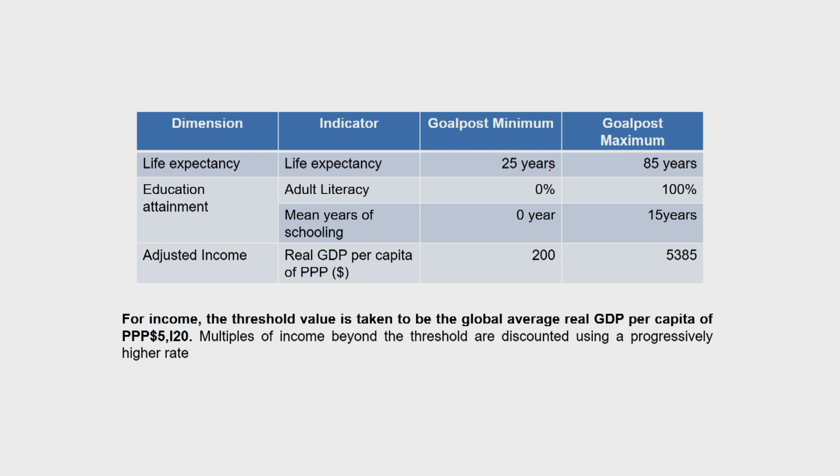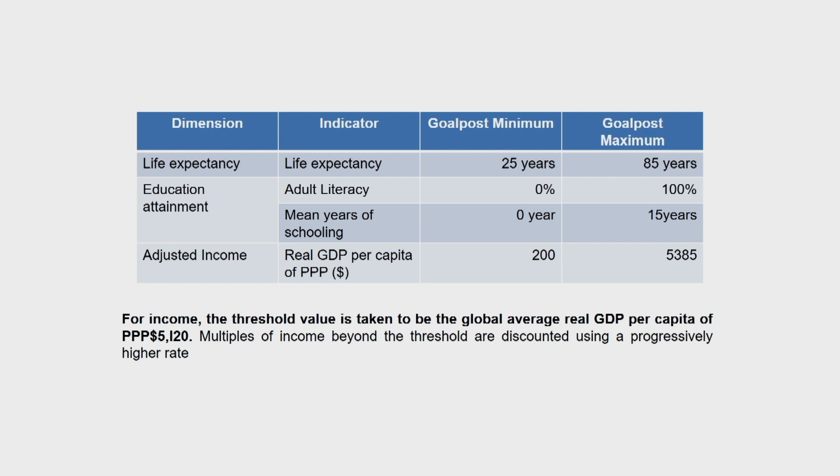Adult literacy: minimum 0%, goal post maximum 100%. Mean years of schooling: minimum 0 and maximum 15 years, which means that 15 years of schooling shows that an individual should have completed at least high school, at least secondary school education.